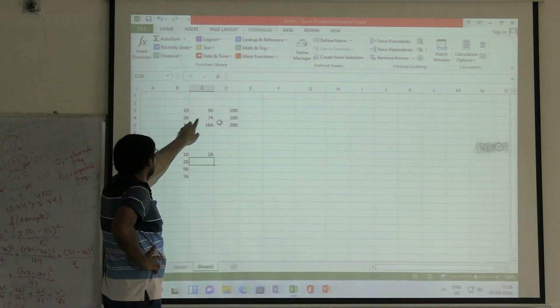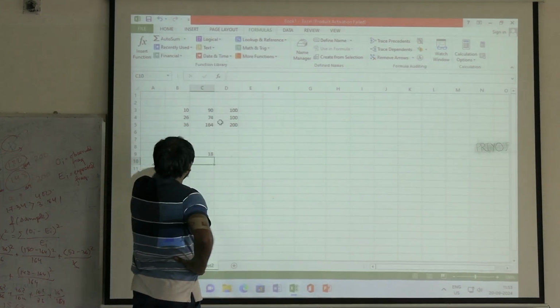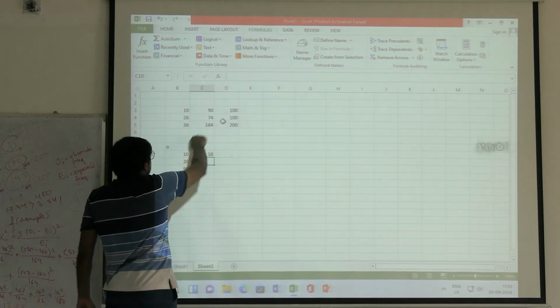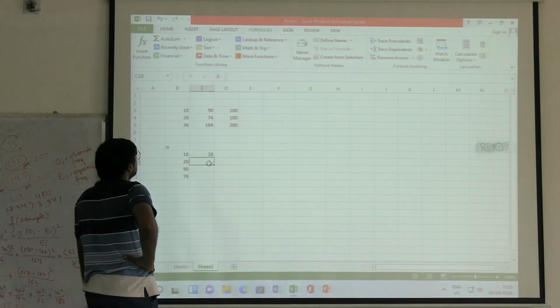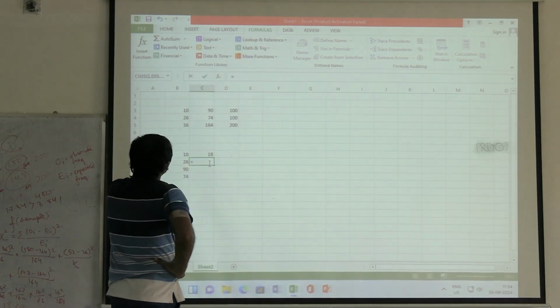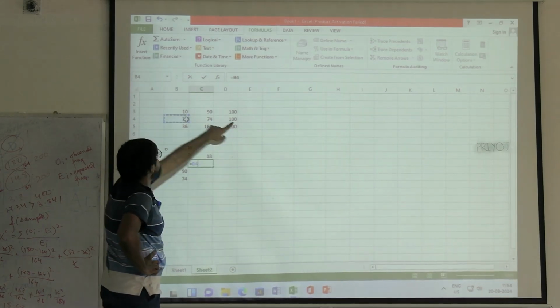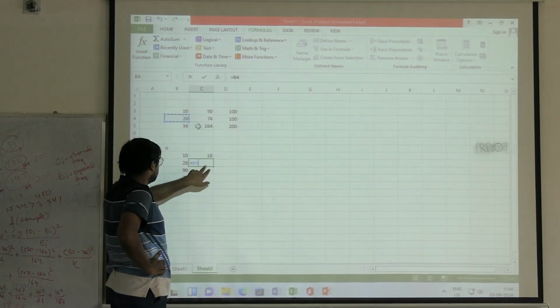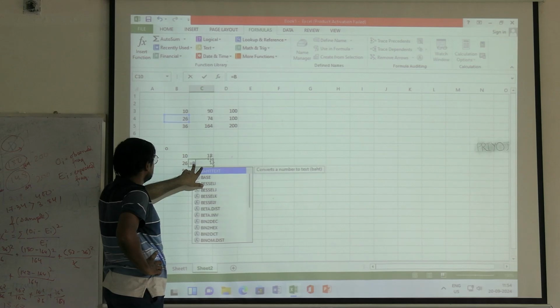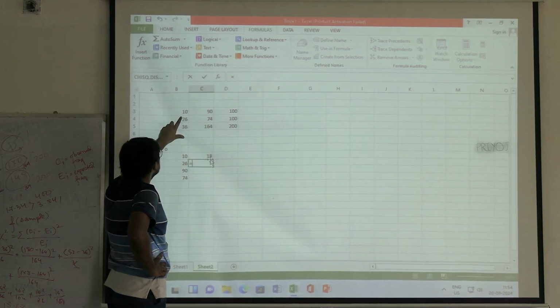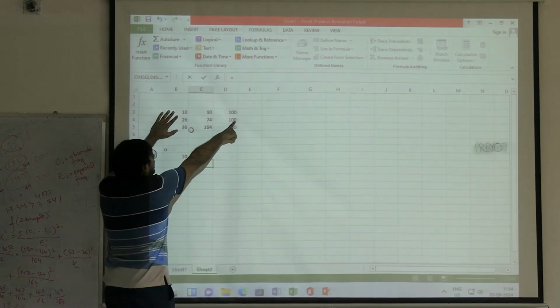Now do it for each and every one. You cannot drag it because this is in this structure and this is a linear structure. So just do it individually. Is equal to. Do it for 26. What is the row total? 100.